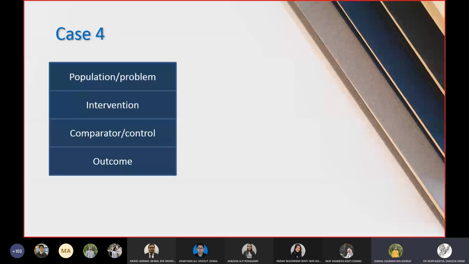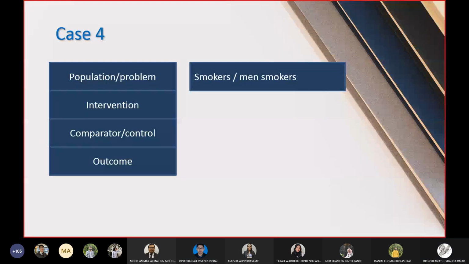What's the intervention? Acupuncture. What's the comparator or control, or the gold standard? Nicotine replacement therapy. The outcome? Stop smoking. Yeah, okay, it's good.